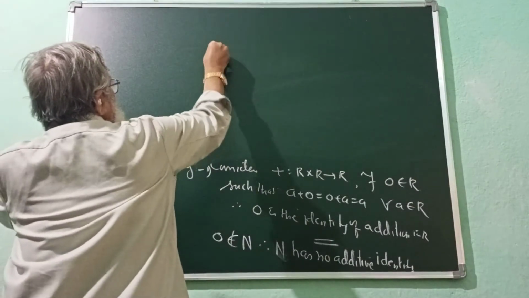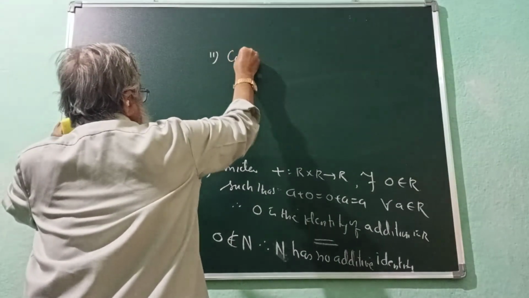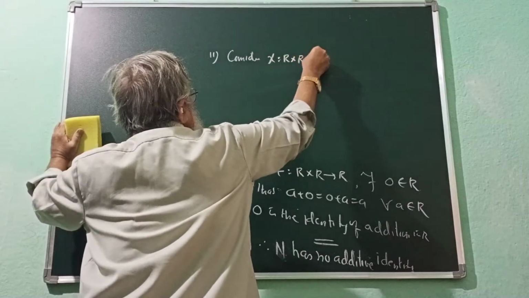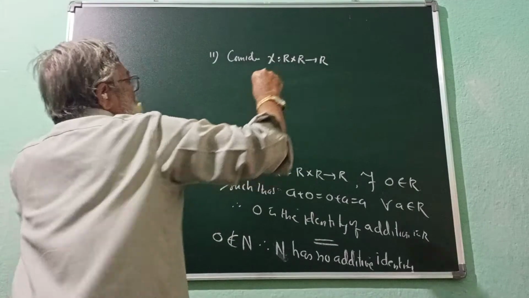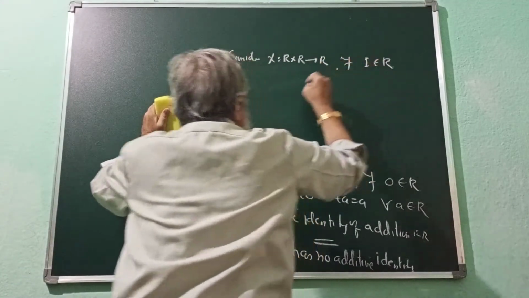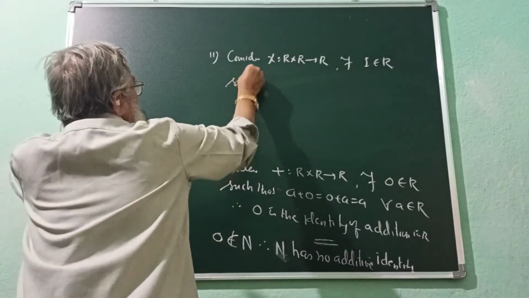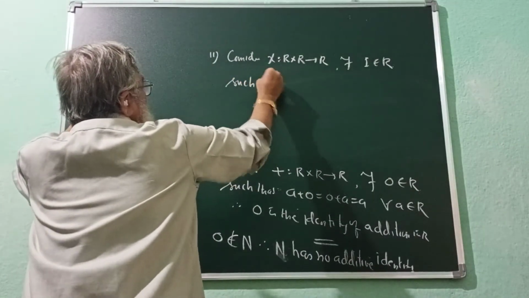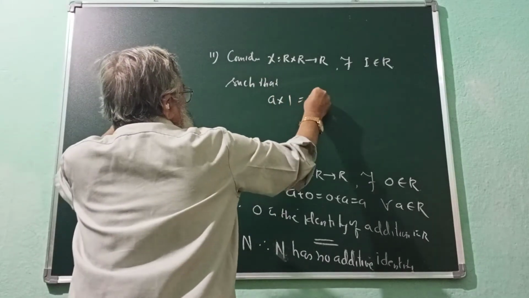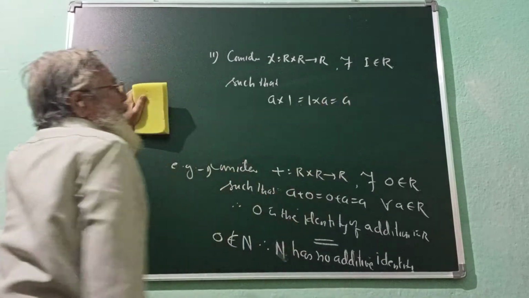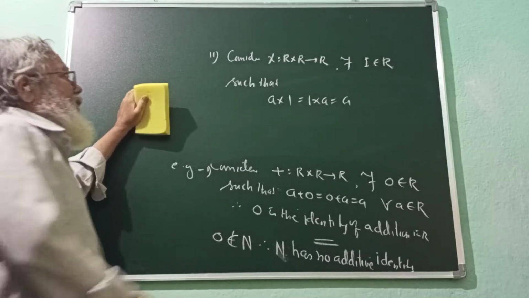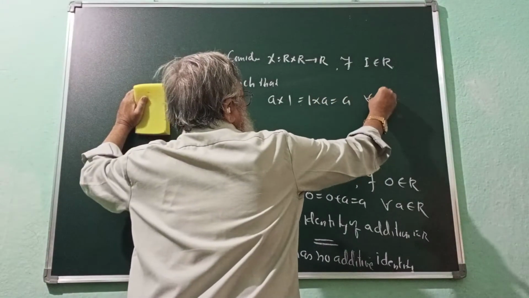Similarly, consider product from R cross R to R. Now you see here, there exists 1 belonging to R such that if you multiply any number by 1, the element remains the same, the element does not change. 1 is the multiplicative identity for every a belonging to R here.